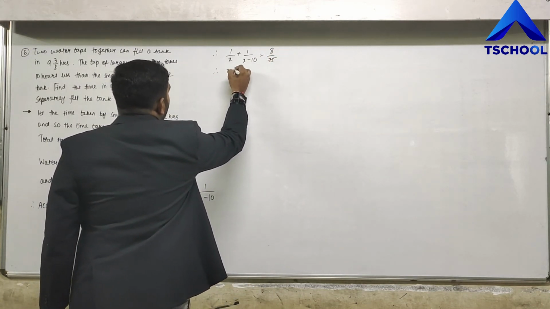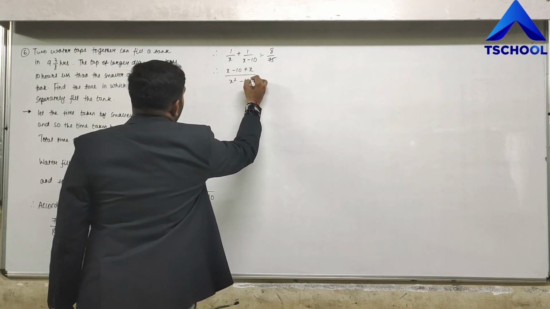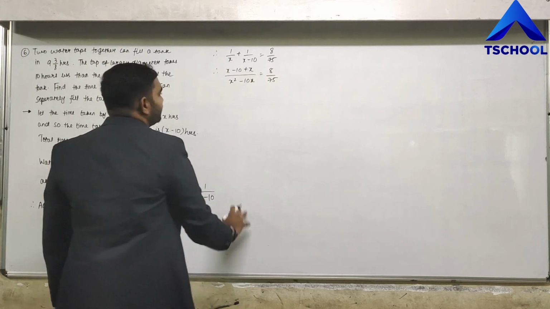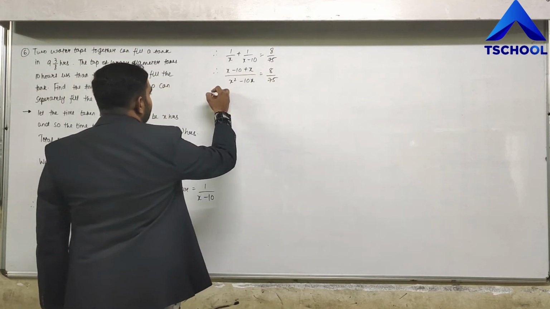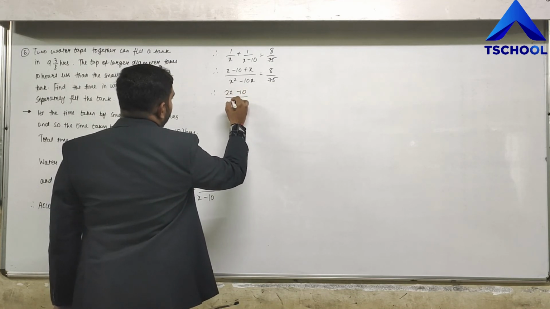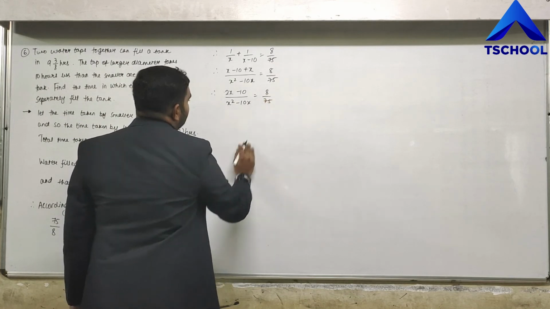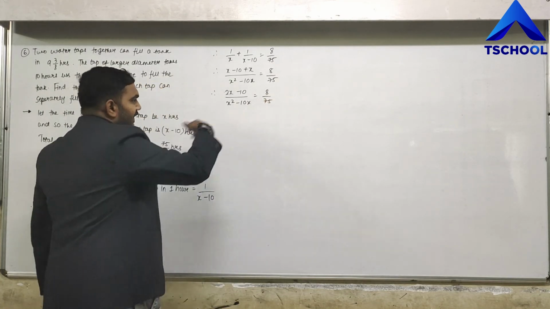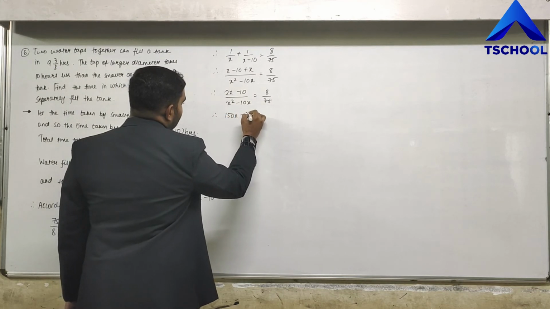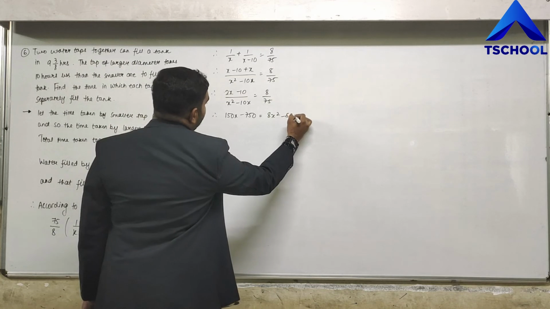Hence x minus 10 plus x upon x square minus 10x is equal to 8 upon 75. That is 2x minus 10 upon x square minus 10x is equal to 8 upon 75. Cross multiplying, 75 into 2, 150x minus 750, that is 8x square minus 80x.